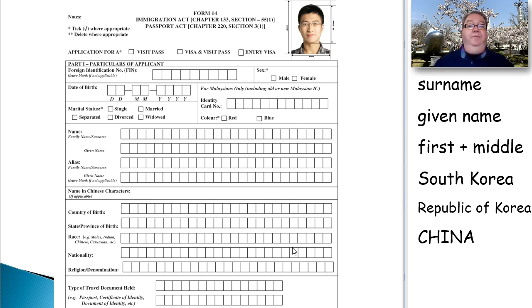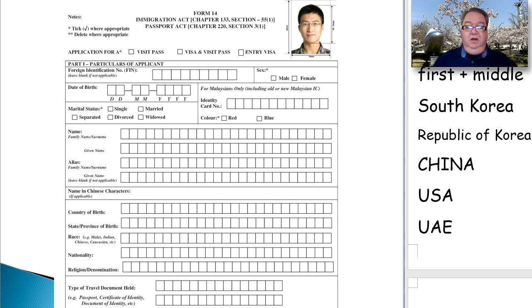Okay, now I was born in the U.S., so would I need to write United States of America, or even United States? That's getting kind of long. Probably not. On something like this, I could write USA. That's commonly recognized initials. Same with UAE, United Arab Emirates. So those would work okay.